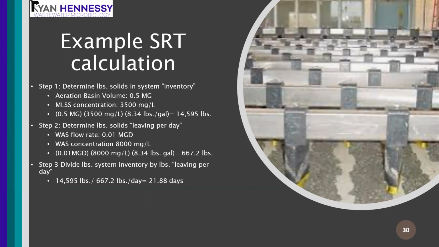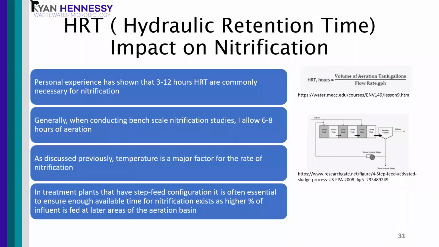Basically, you're just dividing what you have by what leaves. To determine what leaves, you take your wasting rate and your wasting concentration, figure out how many pounds you wasted, and that'll give you the calculation of what your SRT may be. And as stated before, there are other points that may or may not make sense to add in that calculation, depending on the specific circumstances.